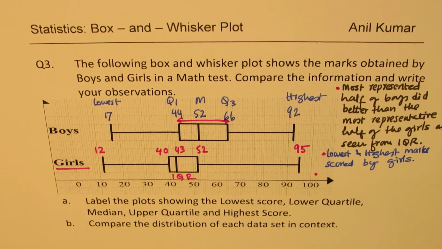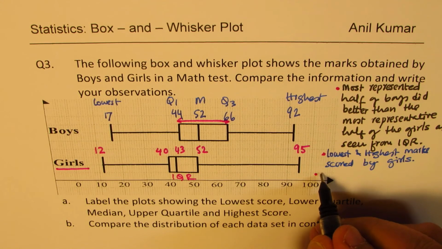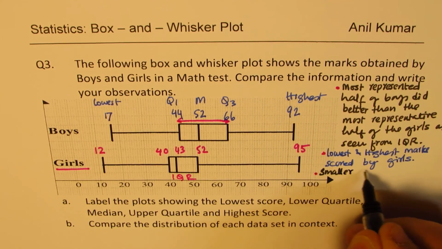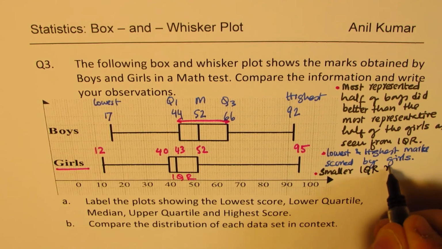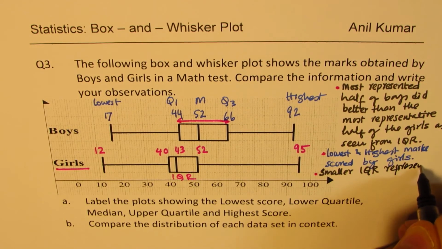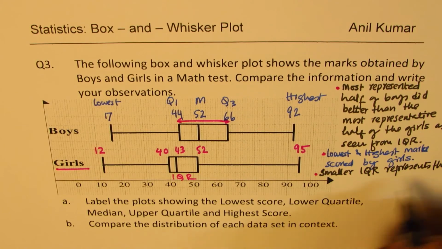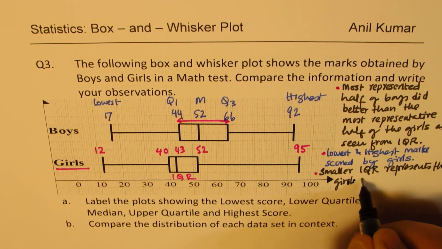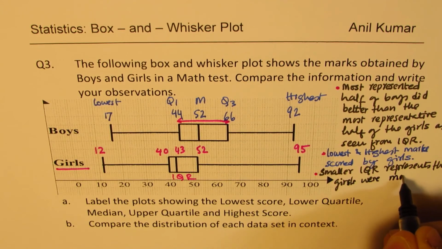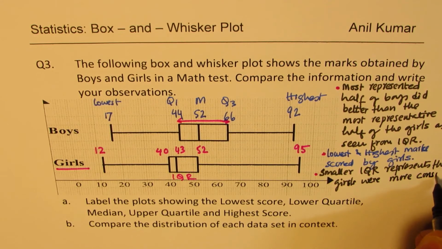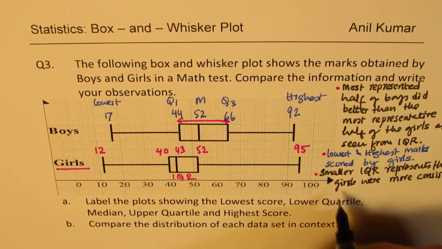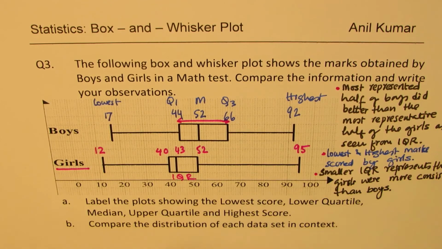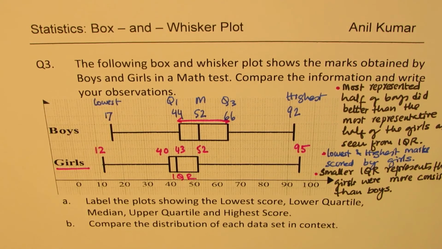So we say a smaller interquartile range represents that girls were more consistent than boys. Is it clear? So that is very important, right?